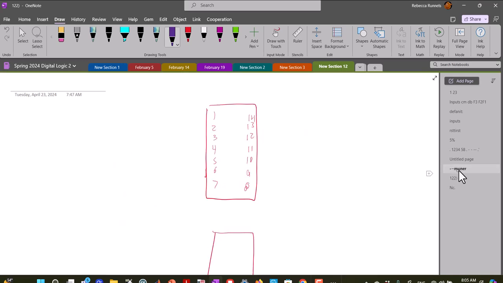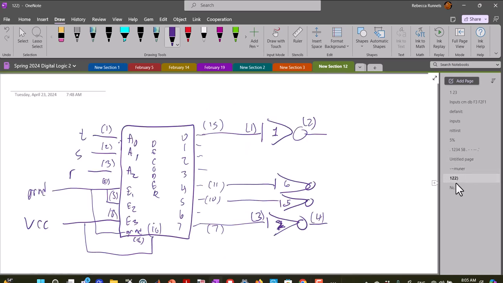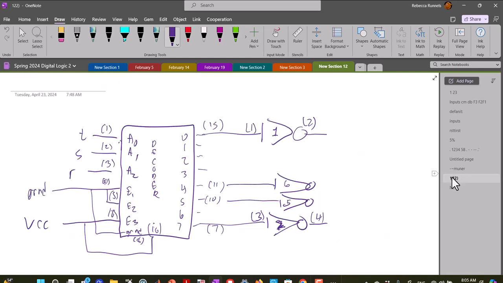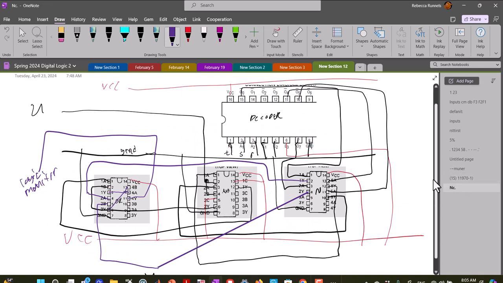And for 5, that's pin 11 coming in, 10 coming out.